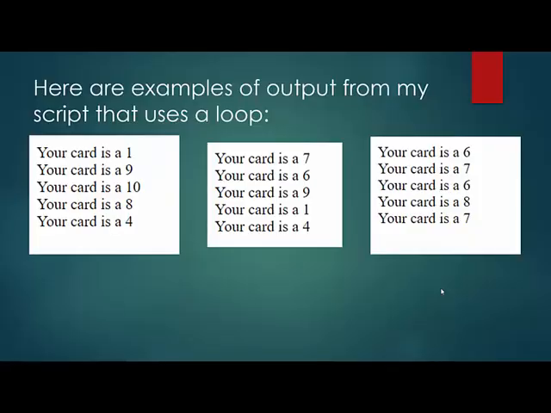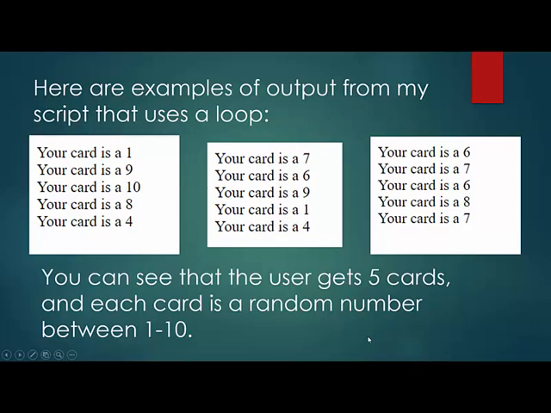Here are 3 more examples of output from my game, the script that uses a for loop. You can see that the user gets 5 cards, and each card is a random number between 1 and 10. But the thing that makes this a good game for using a for loop is that every time they play the game, the user will always get 5 cards. So we know we want the loop to run exactly 5 times.